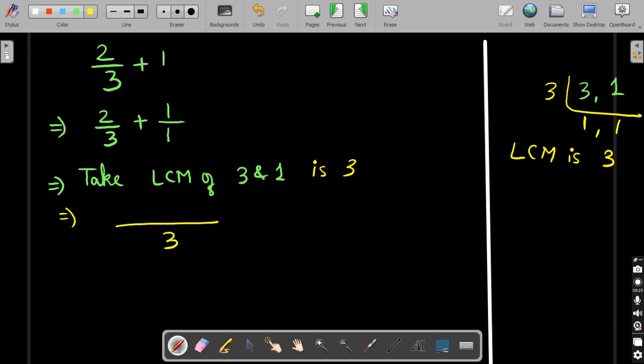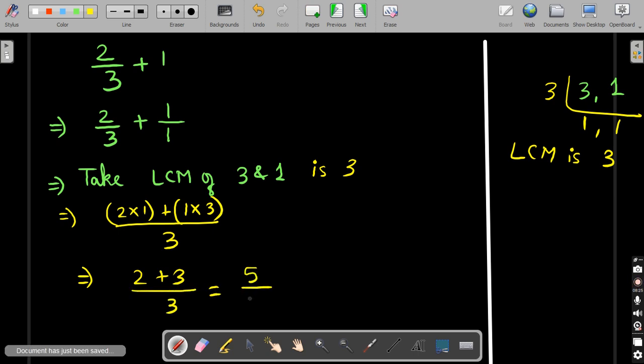So the LCM is 3. Now I will check: 3 how much are 3? 1s. So I will multiply 2 into 1, plus. Now my next 1, how much are 3? 3s. So 1 into 3. Now I am going to write: 2 1s are 2, 1 3s are 3, by 3. I am going to write directly 2 plus 3 by 3, that is 5 by 3. Now 5 and 3 are both prime numbers, so I can say directly it is in simplified form. No need to simplify. Are you able to understand, student?